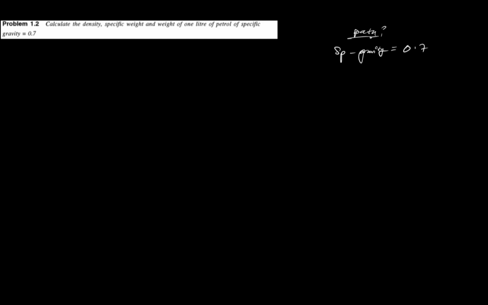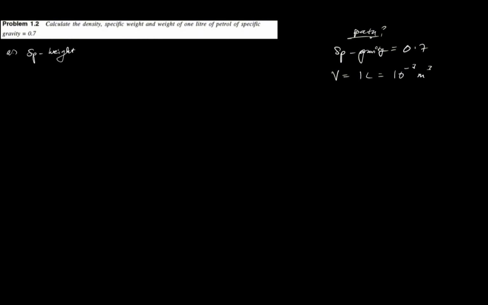We've been told that the volume is 1 liter. Now, we need to know that 1 liter is equivalent to 10 to the minus 3 meter cubed. So with what we have, what can we find? We can find the first thing, which is the specific weight. Let us find this specific weight.